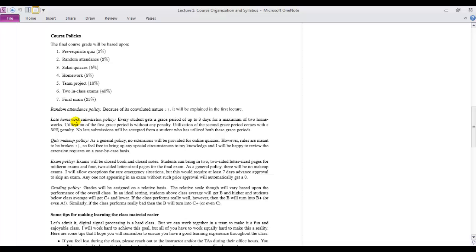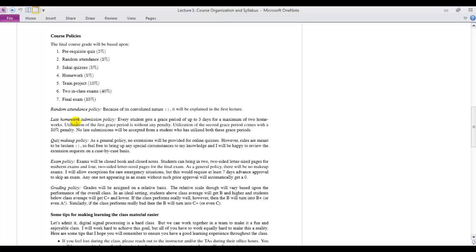Grading policy, I do curve the grades. But again, that's not a license for all of you to collude. You say, okay, since average is going to get a B, how about all of us do crappily on the exams and all of us will get Bs, right?